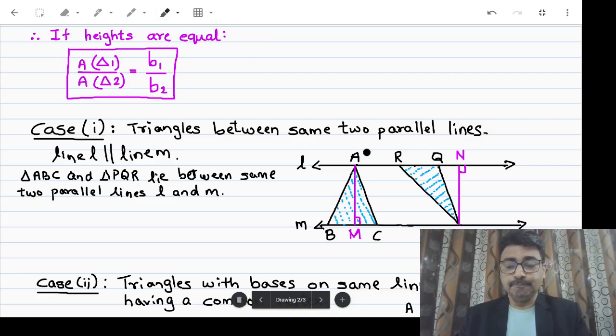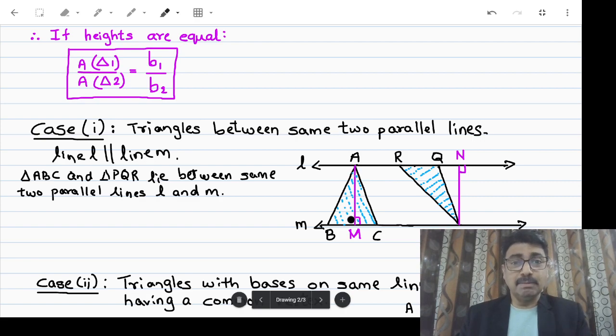Then what do we have? Observe very carefully. For triangle ABC, considering BC as the base, I draw a height that is perpendicular from vertex A on BC. AM is the height. For triangle PQR, we see it is obtuse angled at the vertex Q. So for drawing the height, I have to draw from point P towards the base QR. PN will be the height.